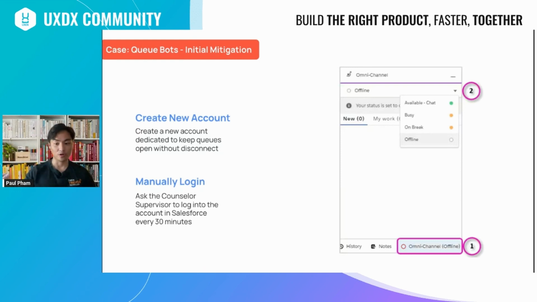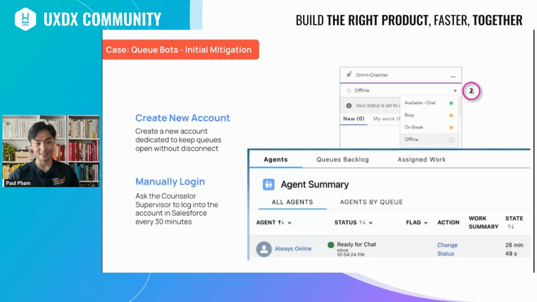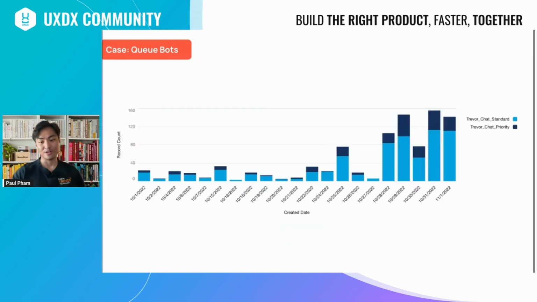And so they would just go onto Salesforce, set themselves as ready for a chat, indicating that the queues are open.